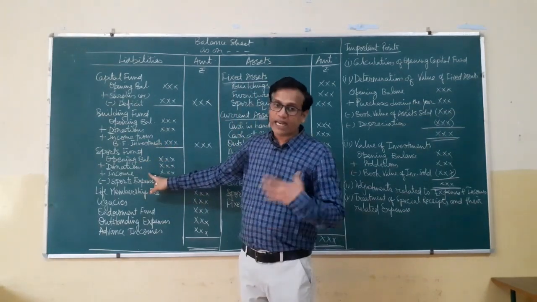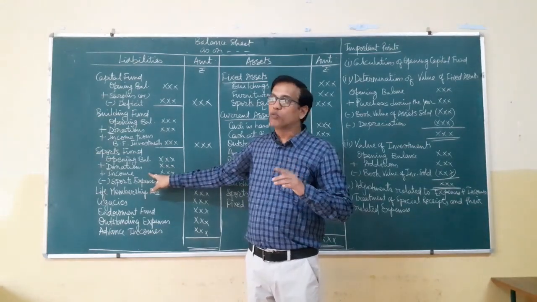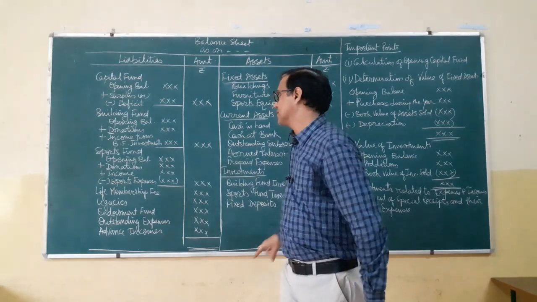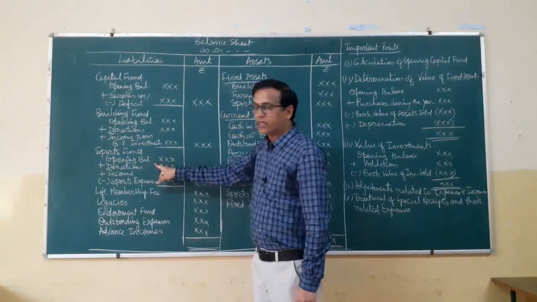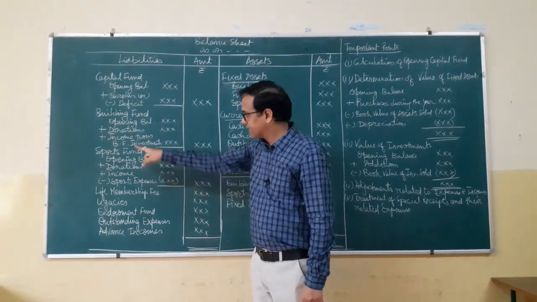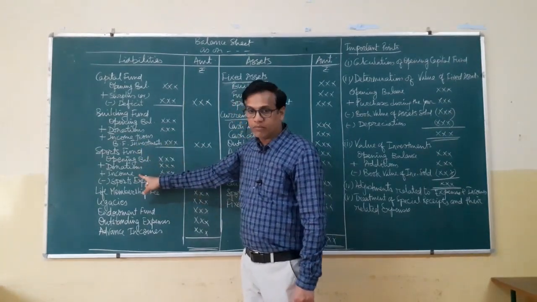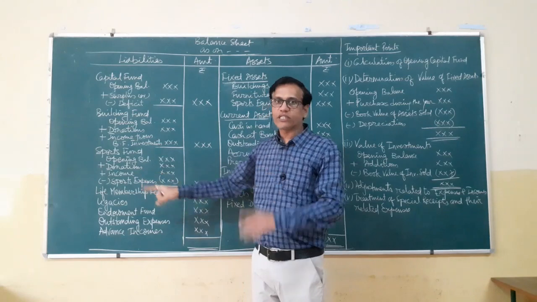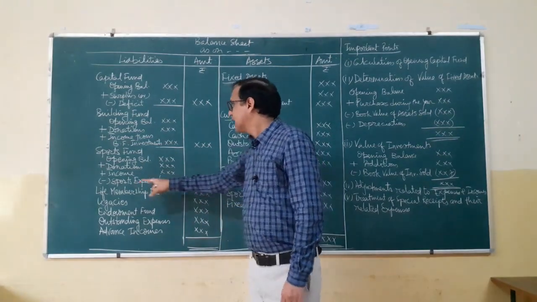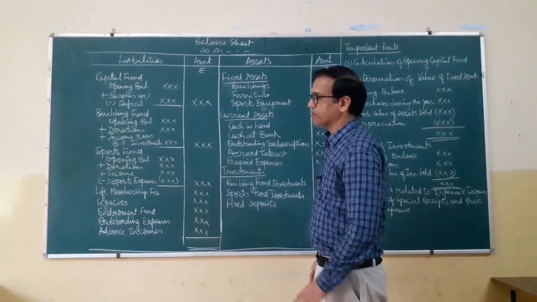Sports fund is for an activity, or we can say it is to manage specific expenses of the organization. So for the sports fund, opening balance, we will add the amount of donations received against the sports fund, income from the investment of such sports funds, and we subtract the sports expenses.